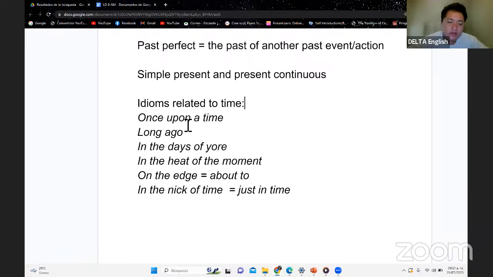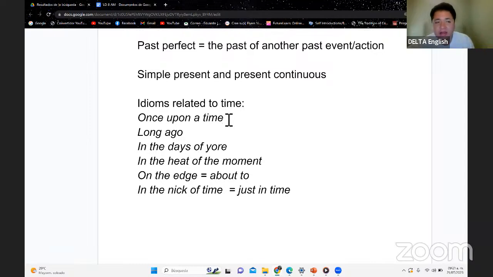All right. So we have the first one that is once upon a time, very famous. Once upon a time is the typical phrase that all fairy stories start with. What do you think is the meaning of once upon a time? They start like the story.